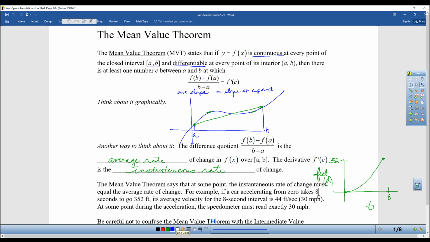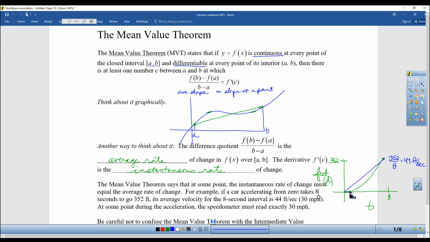So the average would just be this. So in this case, if you actually did 352 divided by 8, you would get 44 feet per second. Just to give you a sense of what that is, that's 30 miles per hour. So at some point during the acceleration, the speedometer actually was 30 miles per hour.